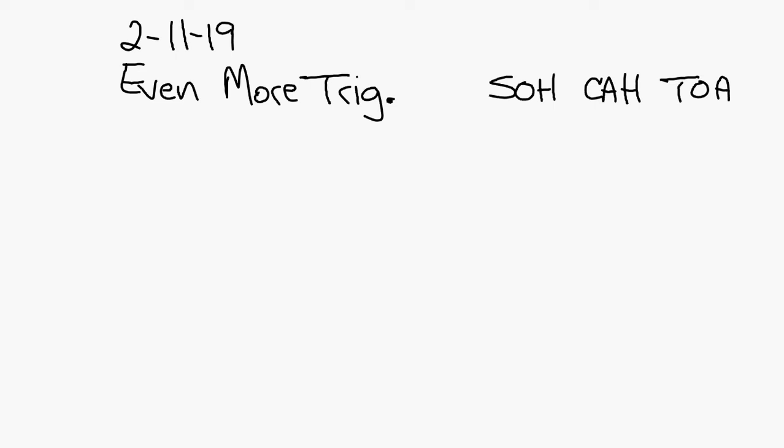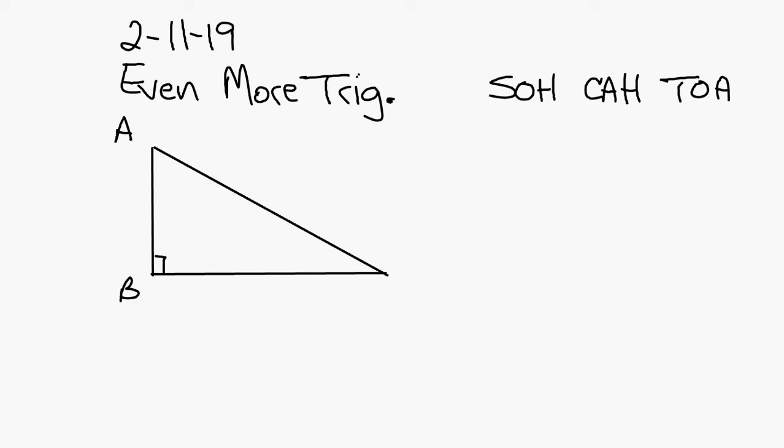Today, you're going to be working with right triangles again, but you're going to be given one angle and one side. One acute angle. So let's say you've got a right triangle here, ABC, and one of the acute angles is 50.